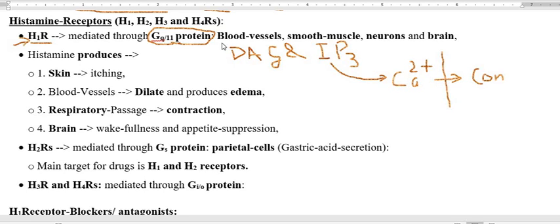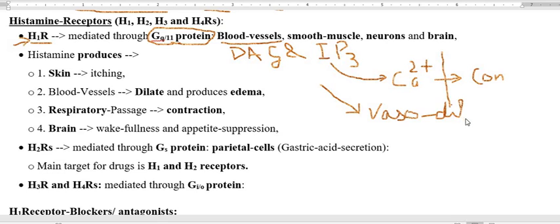However, when you consider the same pathway on the blood vessel, it is going to produce the just opposite action, that is relaxation and vasodilation. How does the same histamine, through the same H1 receptor, produce two different functions at two places?